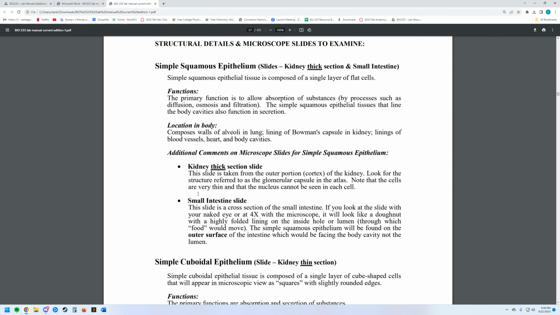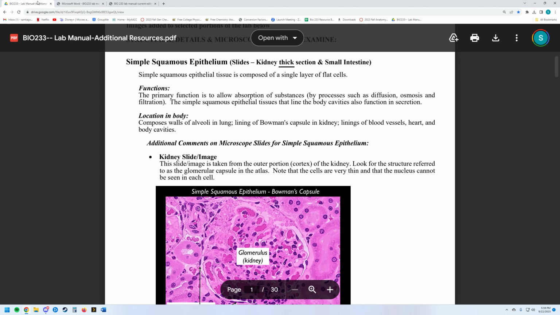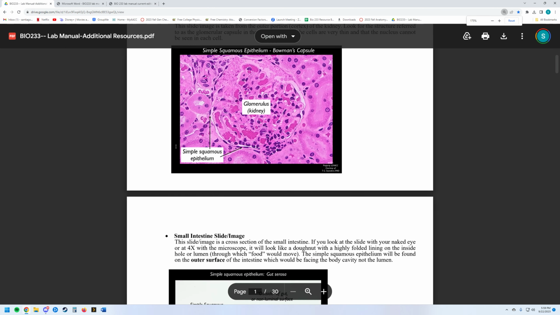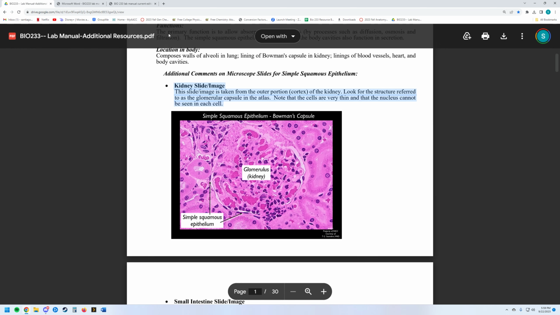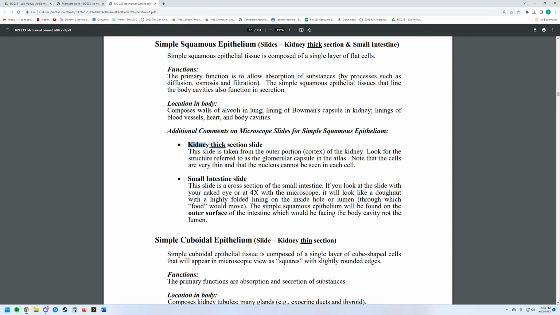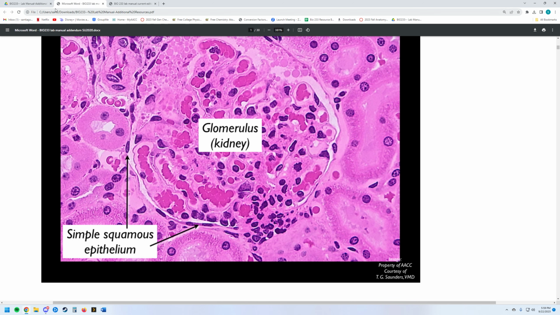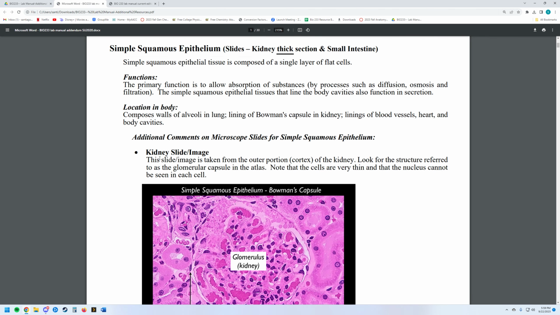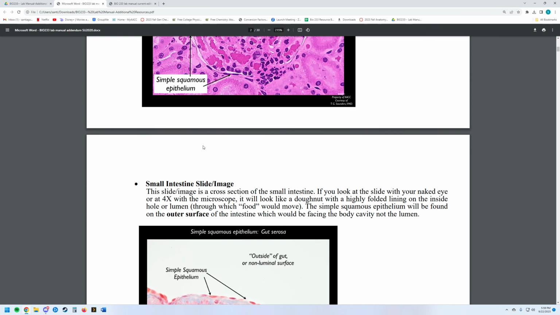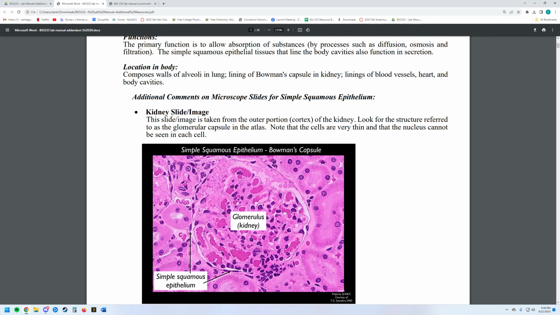And then this is the same thing, but it just has images posted in it. Kidney slide image, kidney thick section slide. So there are differences. It doesn't say thick, but it doesn't say thin either.